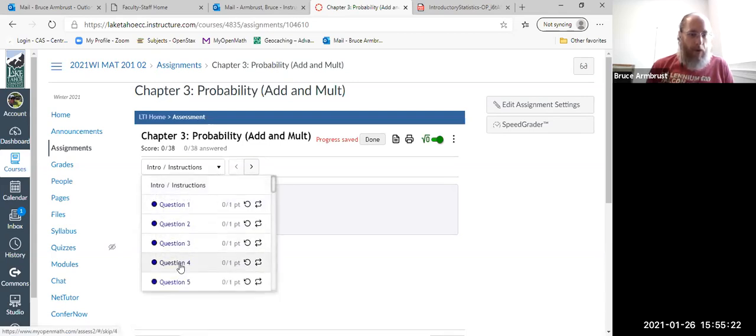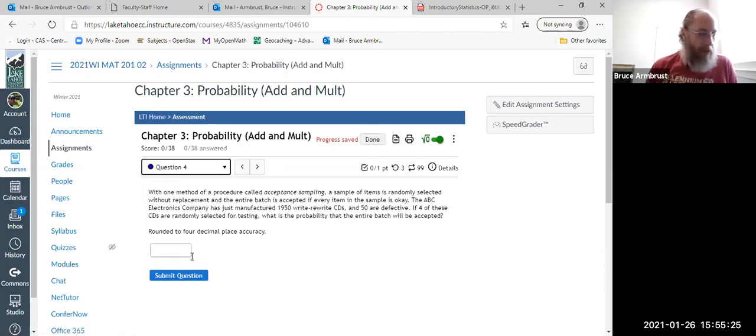So the first one on my list looks like number 4. Okay, let's see what this says. With one method of a procedure called acceptance sampling, a sample of items is randomly selected without replacement, and the entire batch is accepted if every item in the sample is okay.